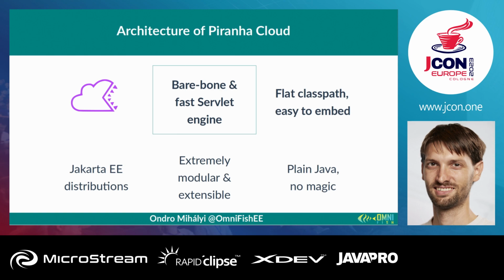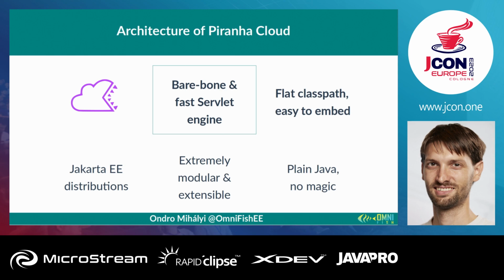But it's also possible to run multiple Piranha Cloud instances in the same JVM if you want to run them completely isolated, and it has support for this and isolates the class path so that applications don't see each other's classes.